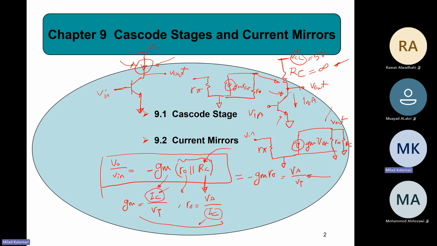So what is the voltage of the collector? Can you tell? Does this current source push the collector voltage to go down or not? It doesn't force it, because the current source actually doesn't force the voltage to be something, right? It doesn't have any force on the voltage across it.